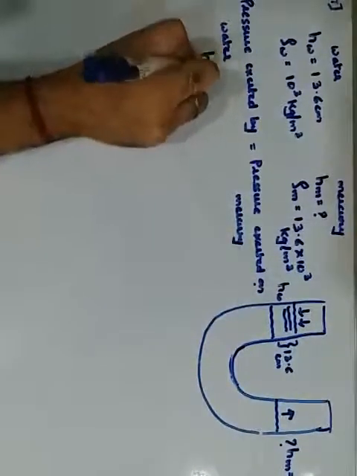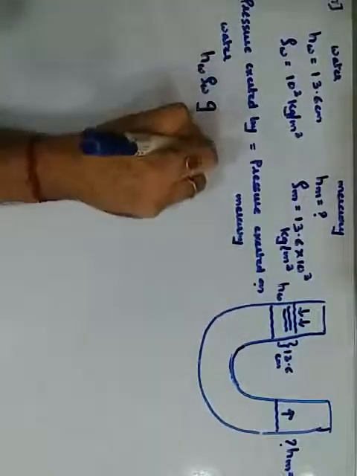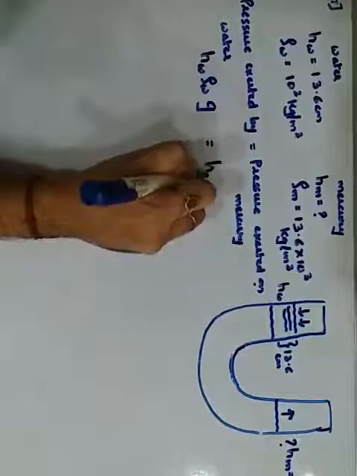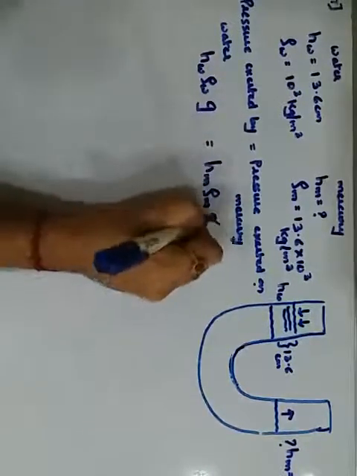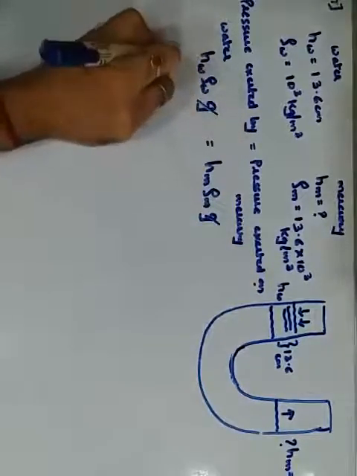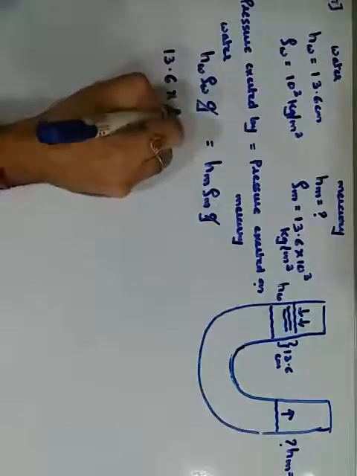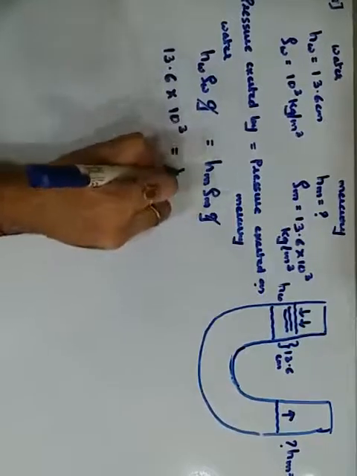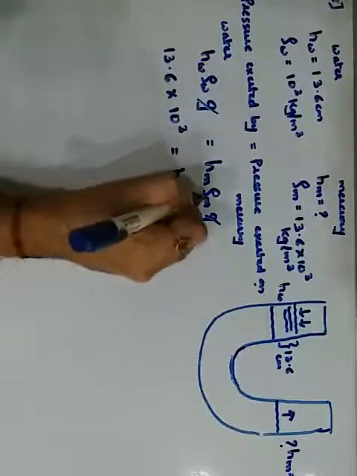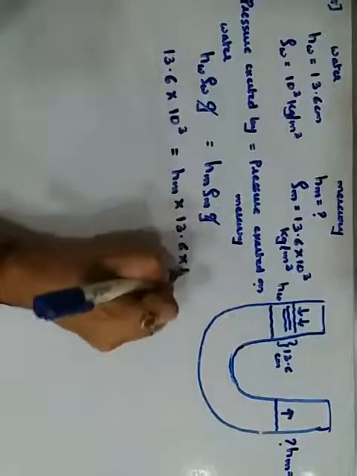So the formula remains the same, that is H rho G: H for water, rho for water, and G common, equals H for mercury, rho for mercury, and G as it is. G and G cancel. Height of the water is 13.6 in centimeter into the rho for water is 10 raised to 3, which is equal to the height of the mercury we require, and the density of mercury is 13.6 into 10 raised to 3.